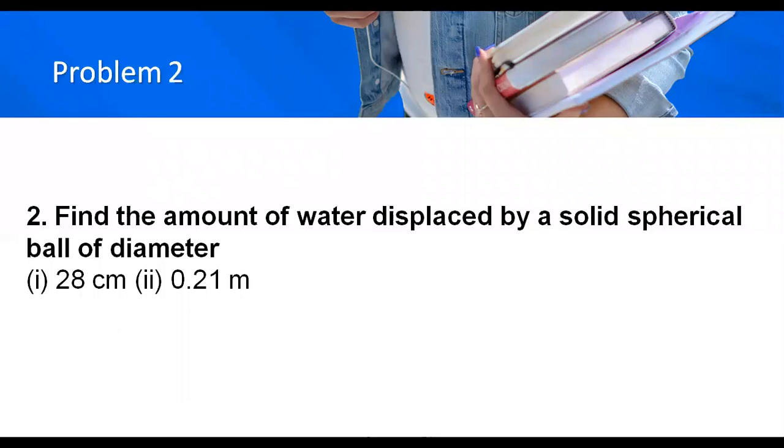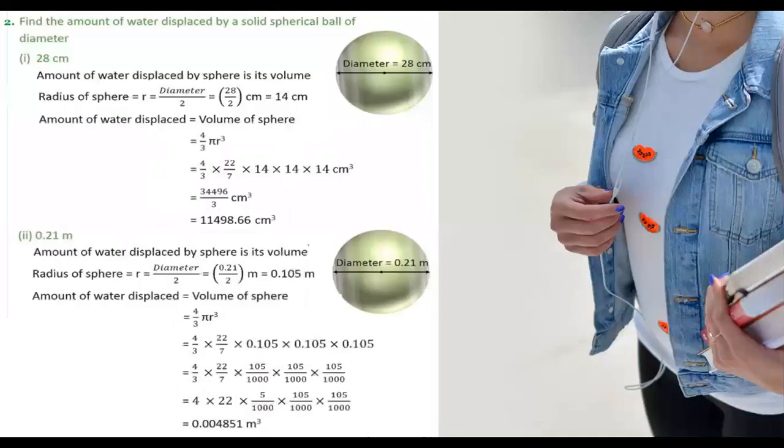Now coming to the second problem, we need to find the amount of water displaced by the solid spherical ball of diameter, first, 28 centimeters and second, 0.21 meters. So we are given the diameter of the sphere as 28 centimeters and need to find the amount of water displaced, which is nothing but the volume of the sphere.